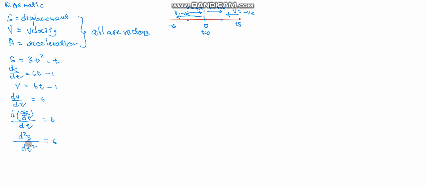And similarly, if you are given the acceleration as a certain function of t and you integrate, you go one step backward. The acceleration you integrate, you become velocity. Then you integrate velocity again, you become a displacement function.